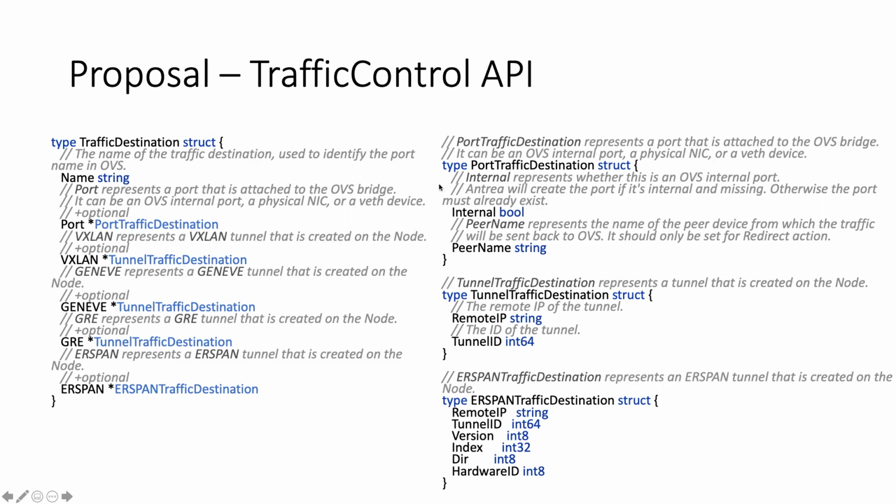No, actually, I was thinking, should we say the port must be pre-created? That's my question. But that may not be convenient for other users. Yeah, I get what you mean. My major issue here is that if you have multiple policies sharing one port, it's a little confusing and probably easy to make a mistake, since it's not explicit. There's no way to explicitly say I want to share the port, right?